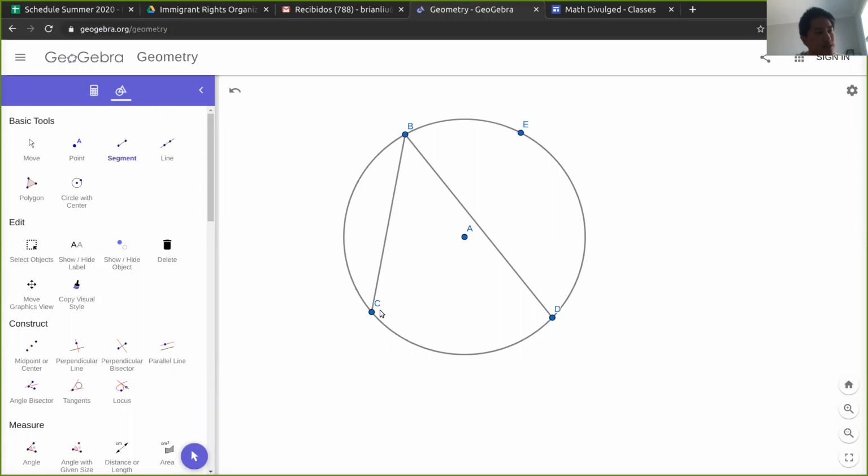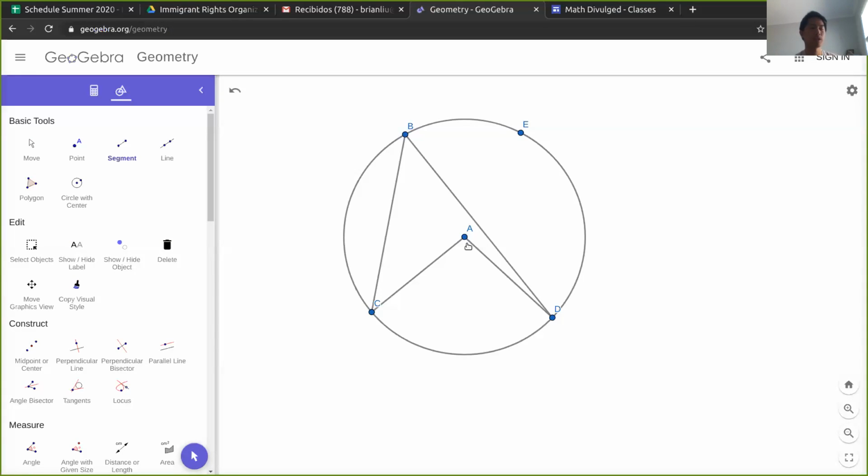How does this angle relate to the circle? We know that the circle is defined by A. So let's relate it to this angle here, CAD. Now we want to find how these two angles are related.